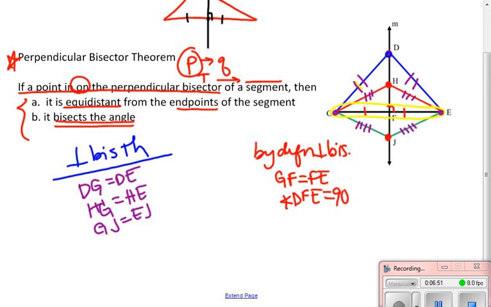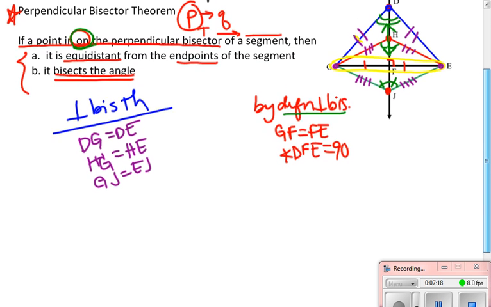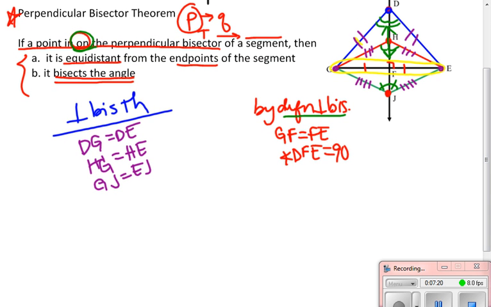Now we've talked all along that the direction of the bisector matters, and by definition it's bisecting this way. But once that point is on the perpendicular bisector, it actually bisects both ways. So we get that all of these angles also become equal. And so we could list all of those angles in order.